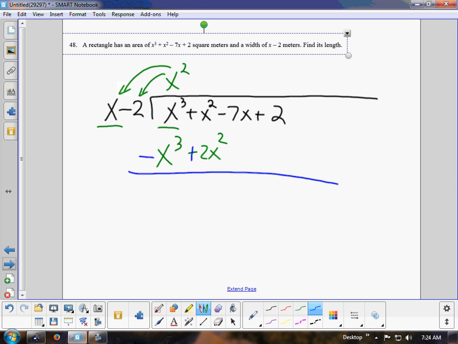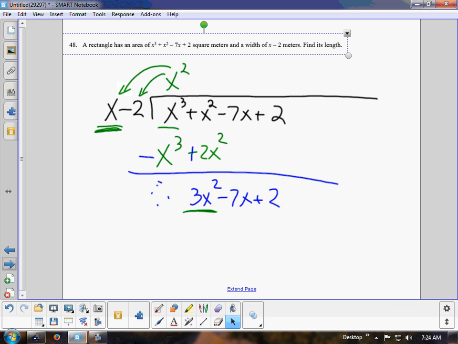So this is going to be 0. This is going to be 3x squared minus 7x plus 2. Now I do the same thing again. Look at the first term in each one. I have to multiply this by 3x. 3x times x is 3x squared minus 6x.